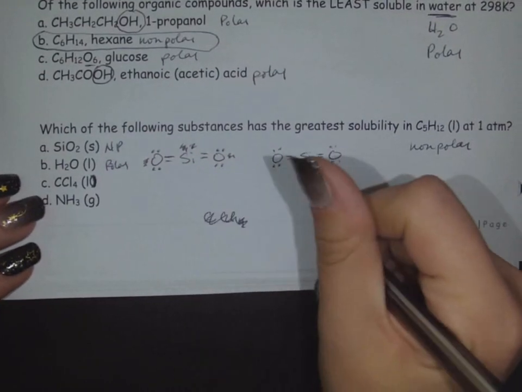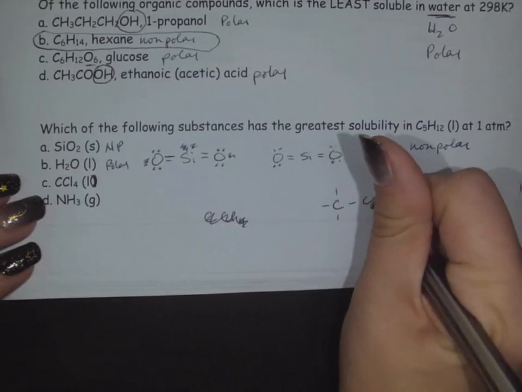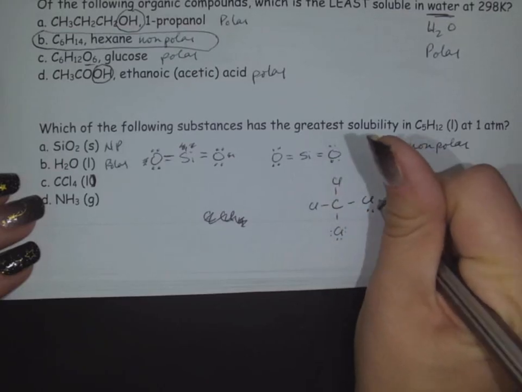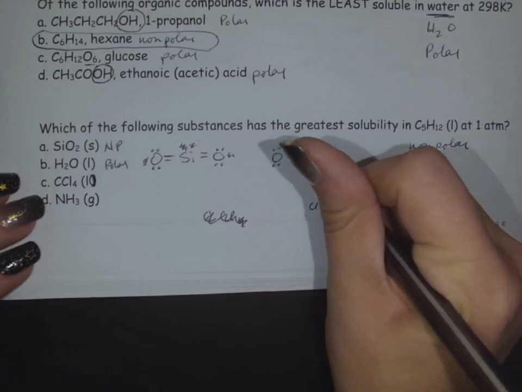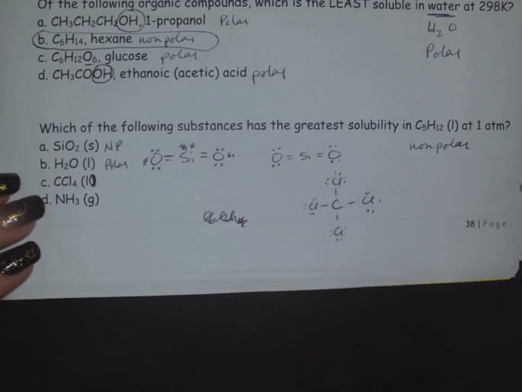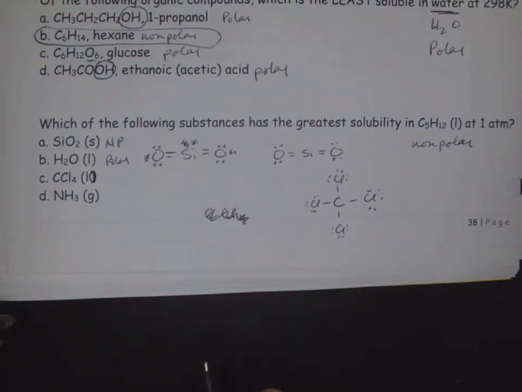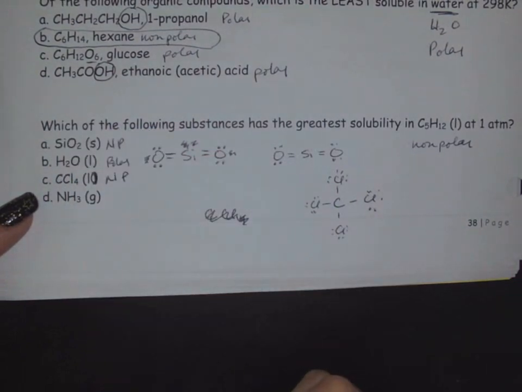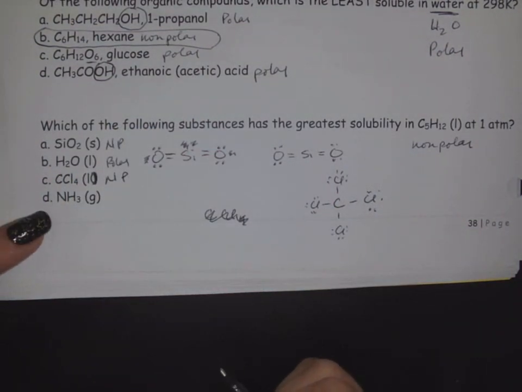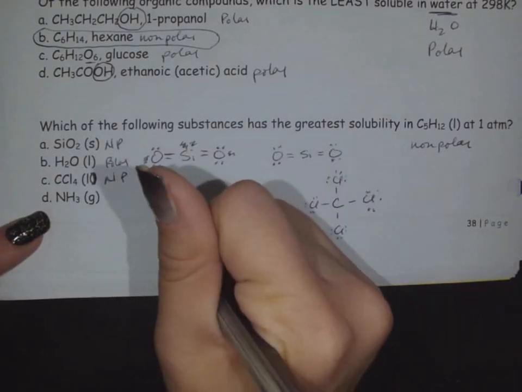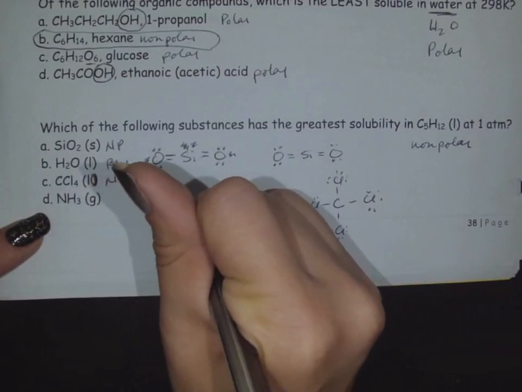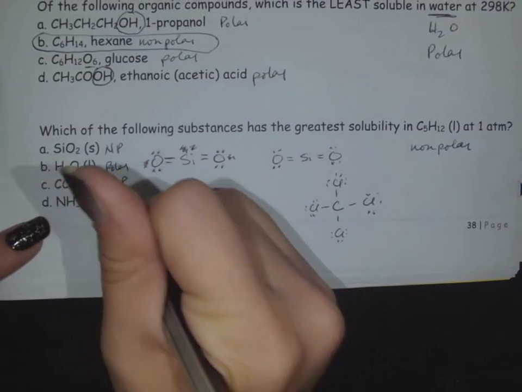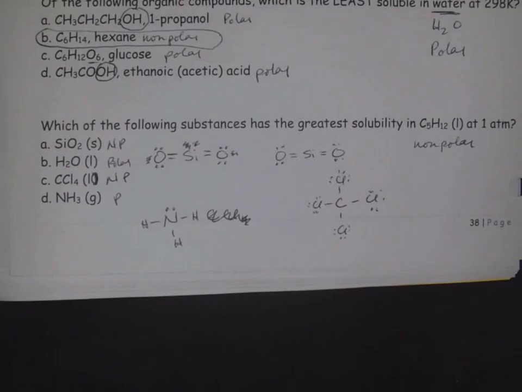So that's carbon with our chlorines. So that one's also nonpolar. And then NH3, this one's polar. We can draw this Lewis dot structure. It's got a lone pair on it. That's where our asymmetry comes from, so this is polar. Okay, so we've narrowed it down to A and C.